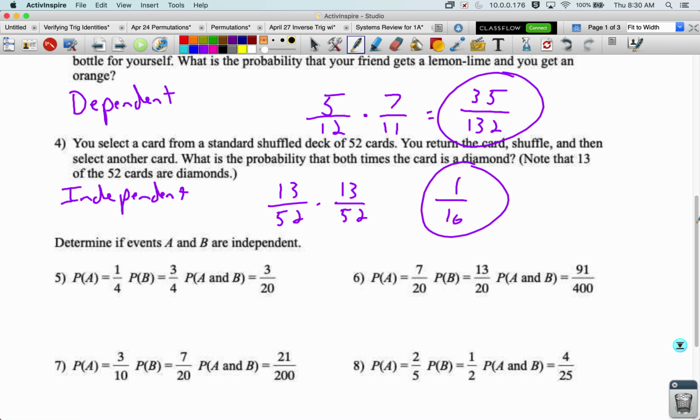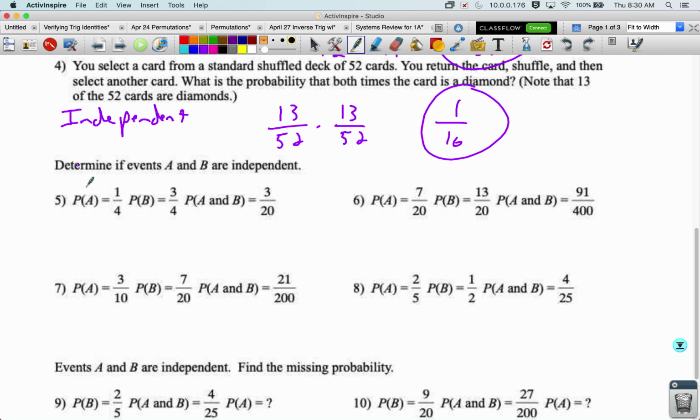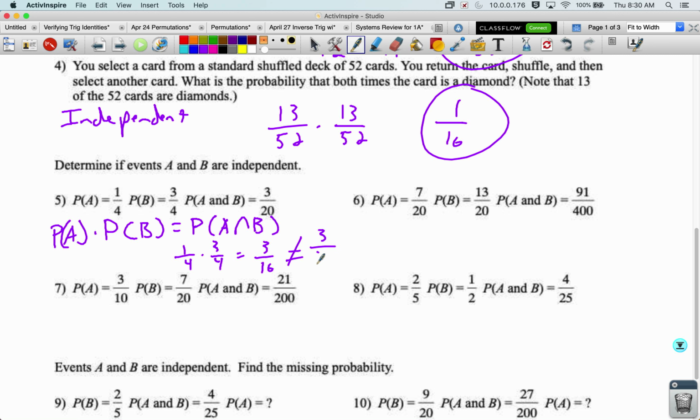All right, determine if the events are independent. It's giving you the probability of one event, the probability of a second event, and the probability of the union of those two events. If they are independent, so these are just yes/no questions, then the probability of A times the probability of B should equal the probability of A and B. Let's see if that's the case here. 1/4 times 3/4 is 3/16, which does not equal 3/20.